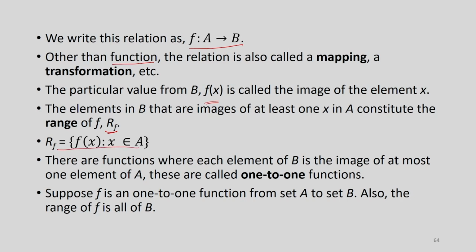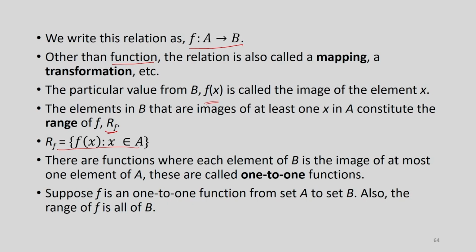So, R_f, which is the range, consists of those values of f(x) such that x is an element of A. So, R_f consists of only those elements of B which are images of the elements of A. So, all elements of B may not be inside the range, some of them could be left out.